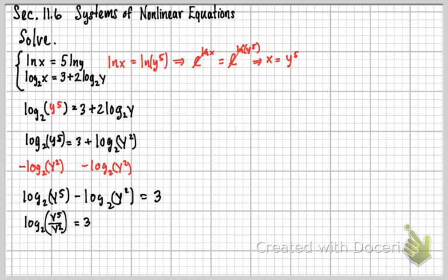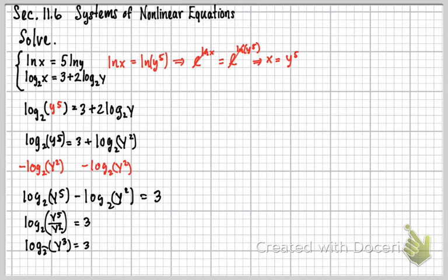Now I can simplify inside, as you can see. I have a squared there and a fifth there, so we can do some reducing. So this is going to be log base 2 of y cubed equals 3. Now I can either use the inverse here, or I can just use my equivalent property.